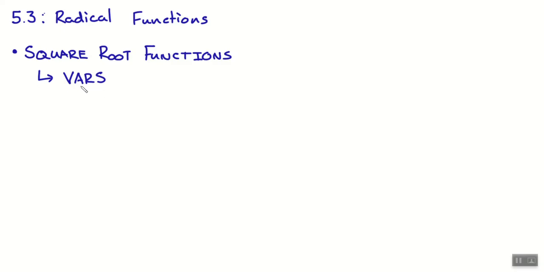The variables are in the radicand, which is a really convenient way to define this because it doesn't matter whether we're talking a square root function or a cube root or a fifth root function. Irrelevant. The variables are in the radicand, or at least there are variables in the radicand, not necessarily exclusively.